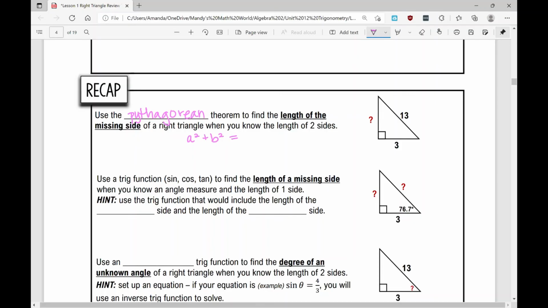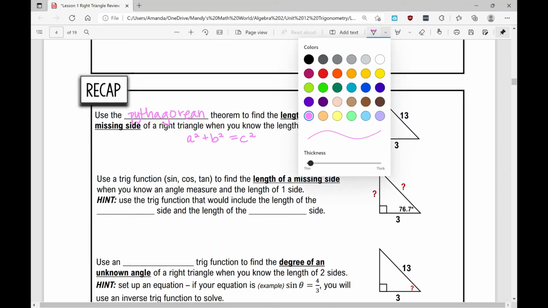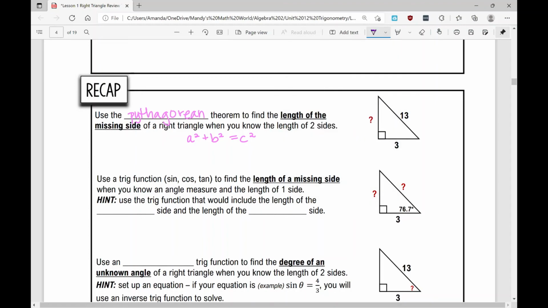So again, like that example that I just did, I could have used the Pythagorean theorem. I just wanted to show you how you could use trigonometry. You're going to use a trig function, sine, cosine, or tangent, to find the length of a missing side when you know an angle measure and the length of one side.